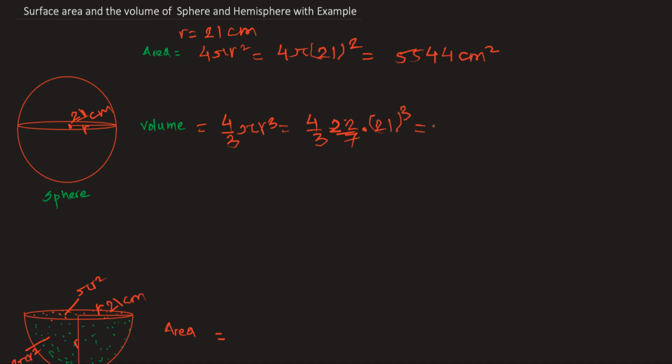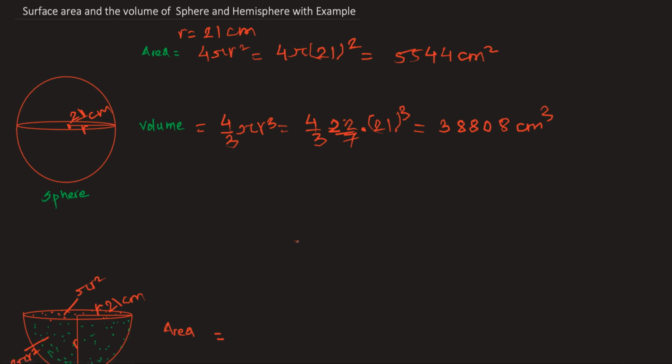If we calculate using the calculator, we'll get the value as 38808 centimeter cube. In this way we can easily find the area and volume of a sphere.